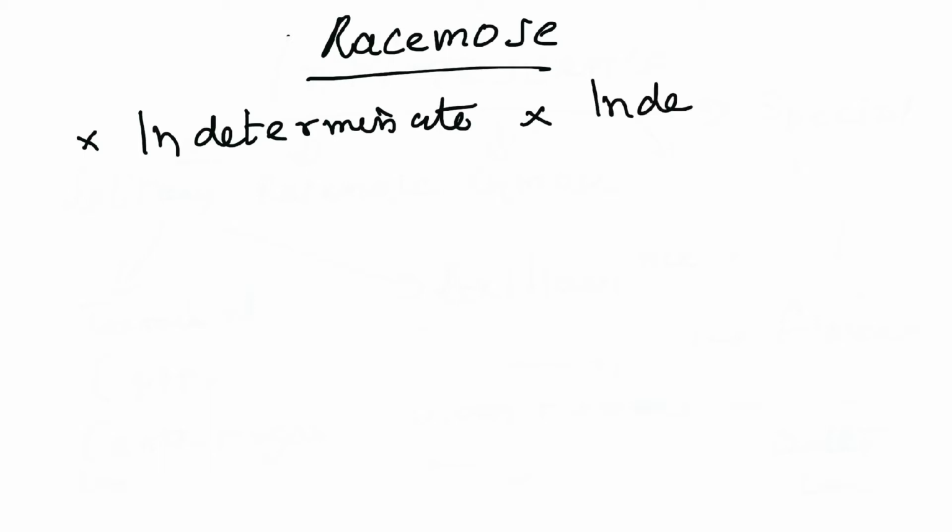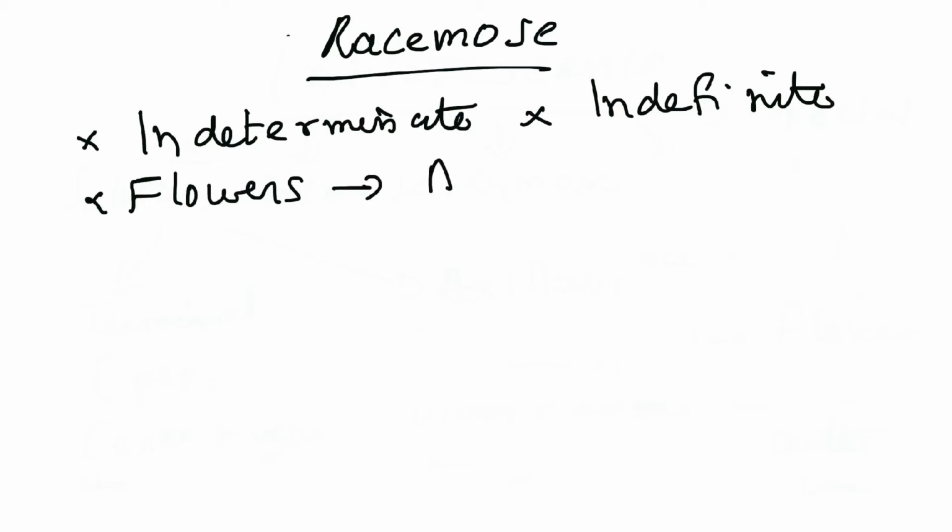Going on to the second kind, the racemose inflorescence, very important because this inflorescence is very commonly found, and there are a lot of subdivisions with a lot of peculiarities. So be clear that this type of inflorescence is well studied. There are certain common features of racemose inflorescence.